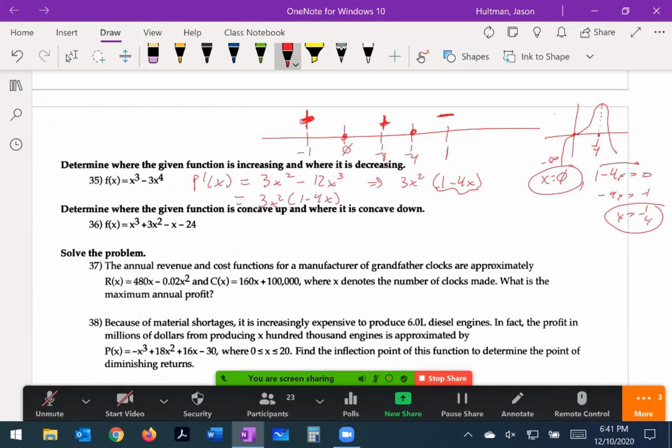It doesn't change the nature of the increasing or decreasing at 0, even though that is an inflection point where it changes concavity. It doesn't change from increasing to decreasing. It's still increasing, as we saw.